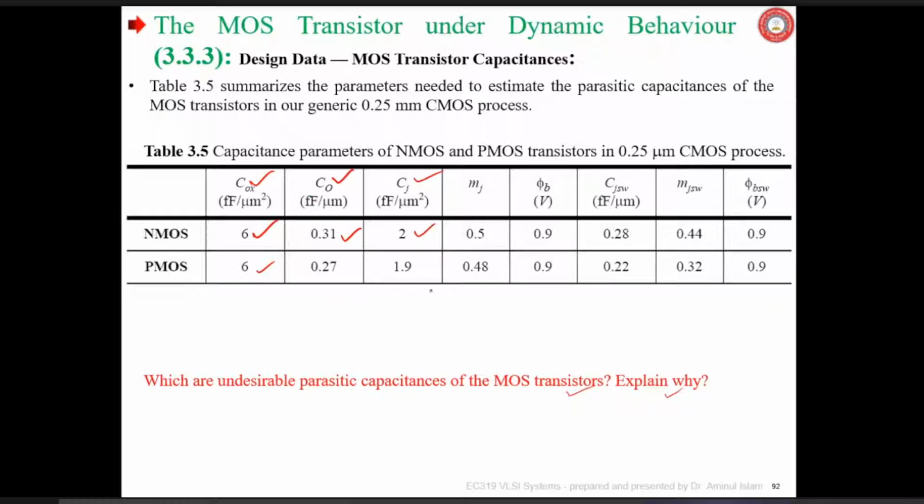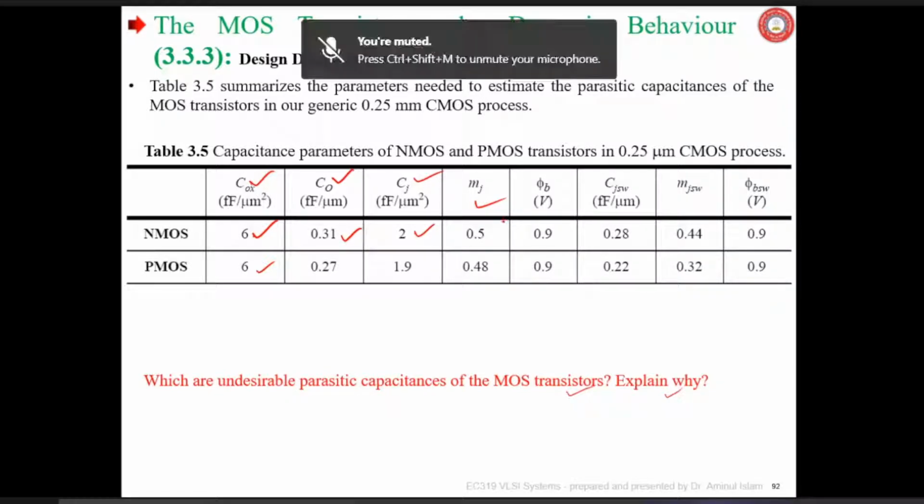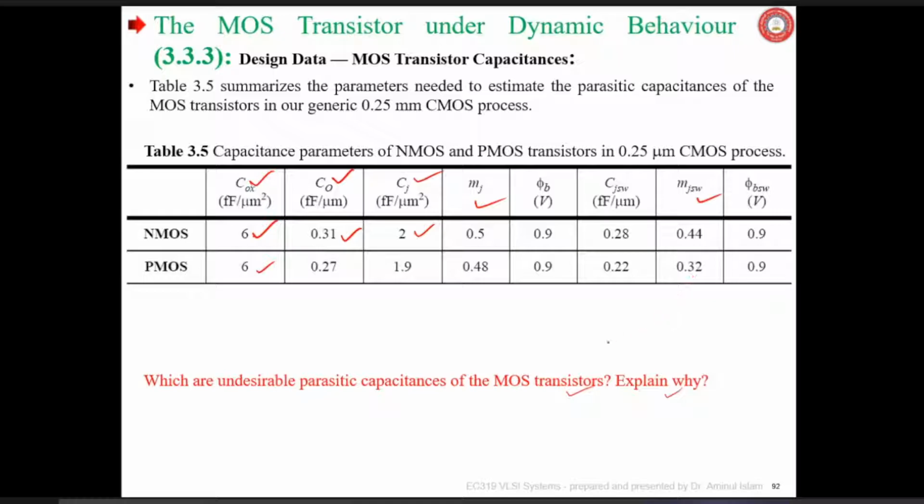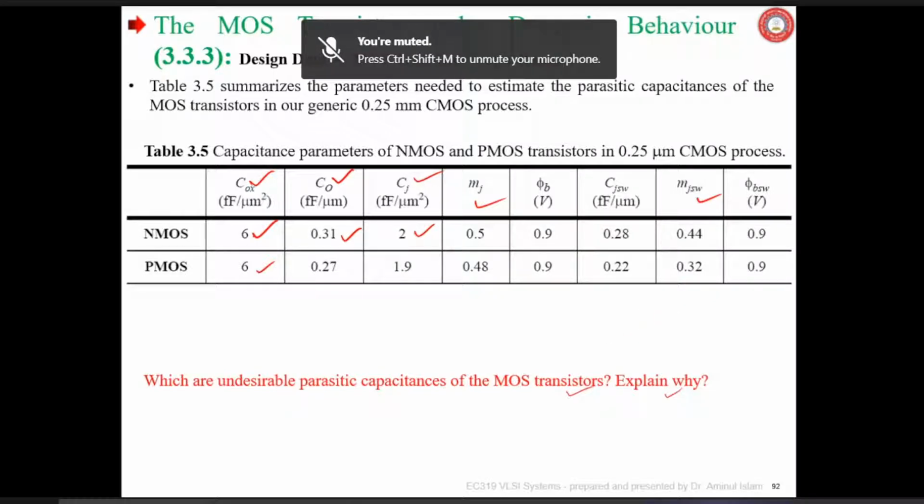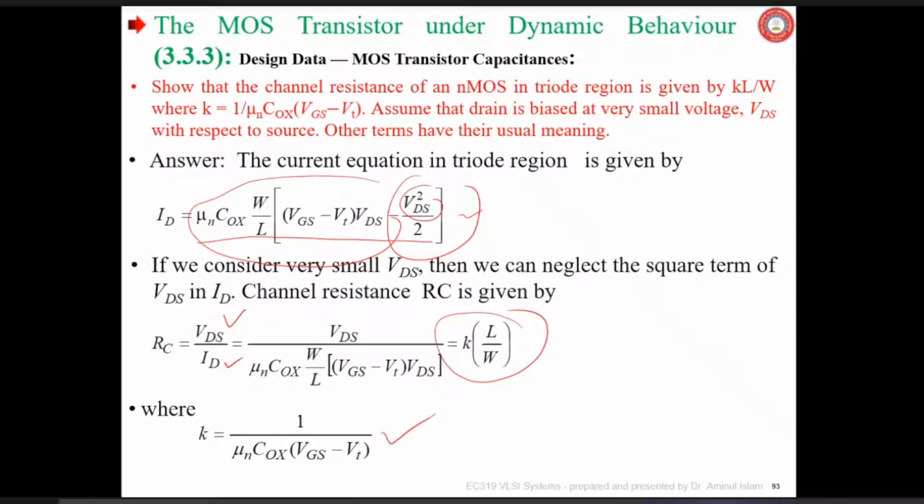The junction capacitance for the NMOSFET is 2 femtofarad per micrometer square. And these are the junction grading coefficients. This is for the sidewall. So now we'll go to the next.